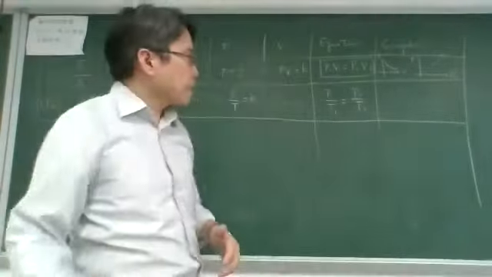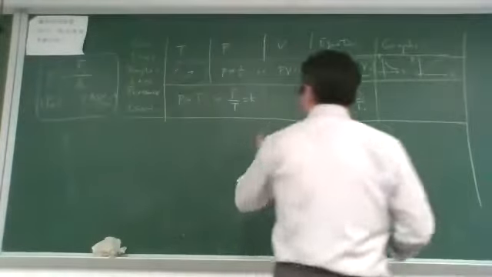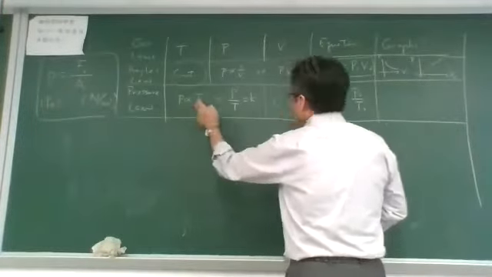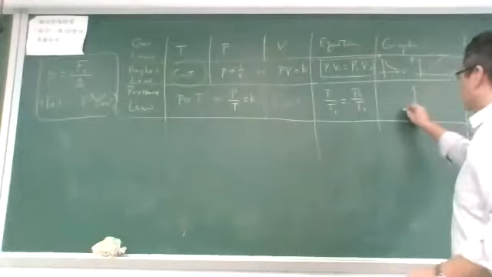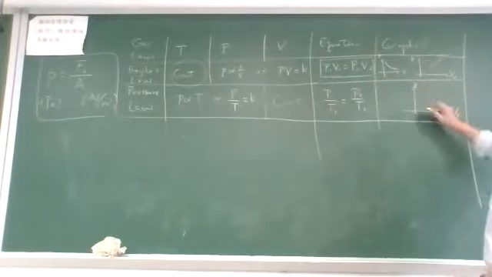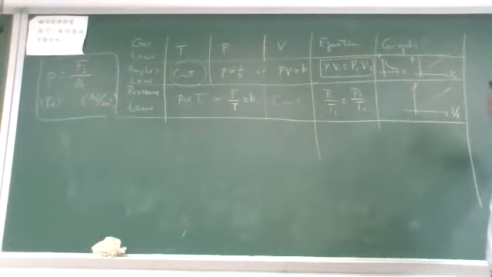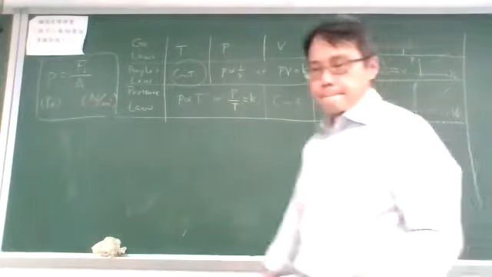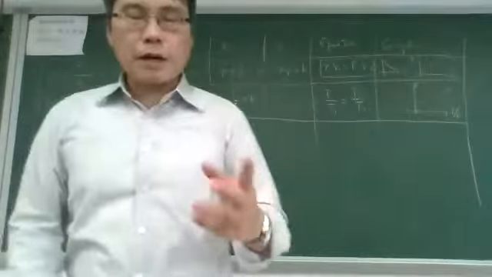And the graph? P is directly proportional to T. If it is in Kelvin scale, then it will be something like this, a straight line passing through the origin.